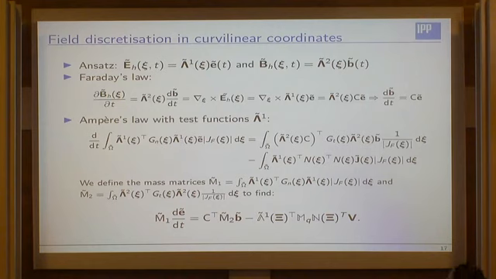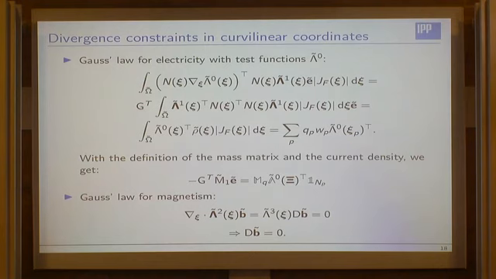It's a bit technical, but in the end you get nice equations, which again contain these matrices and the coefficient vectors. You can also show that the Gauss laws are satisfied. You put them in, and you get some equations here as well.